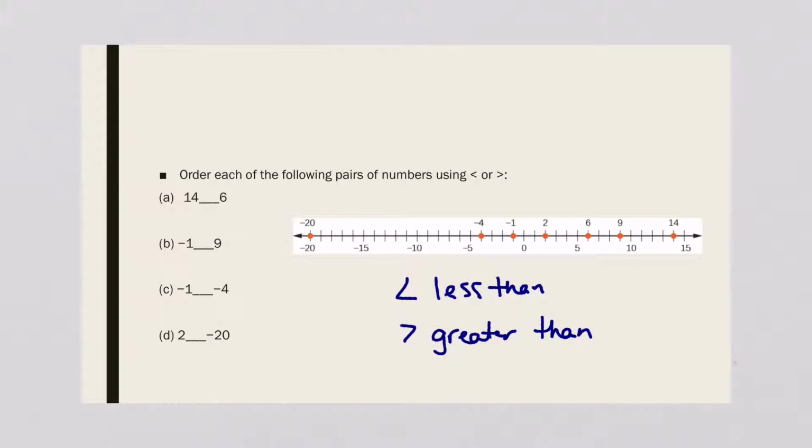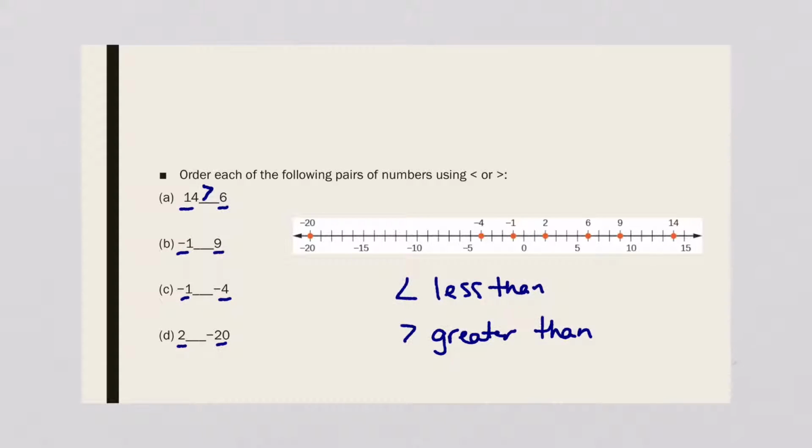So notice every one of these numbers that are over here on the left have a corresponding dot somewhere on this number line. So right now on part A, we're looking at 14, which is right there, and we're looking at 6, which is right there. The number on the right is your bigger number. So this would have that symbol right there. 14 is bigger than 6.